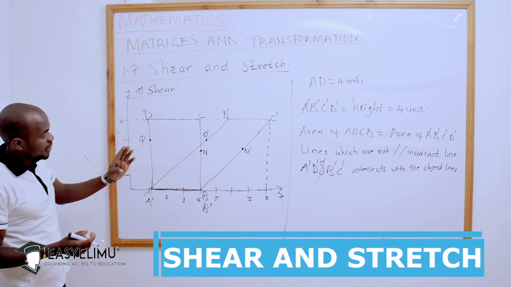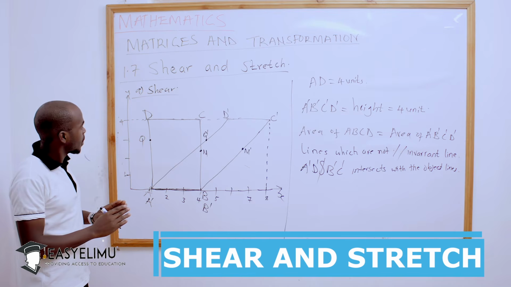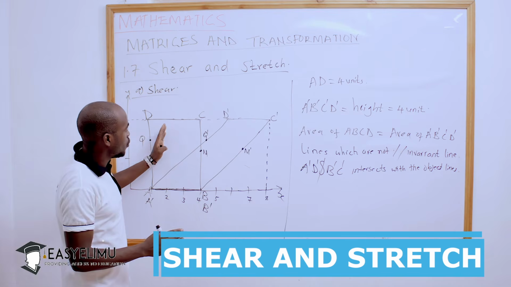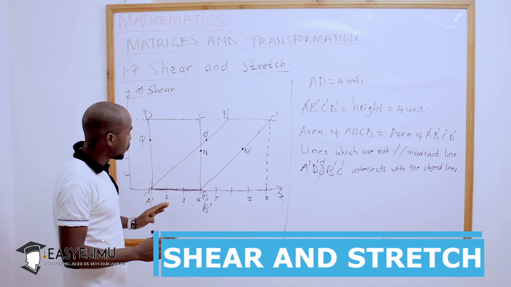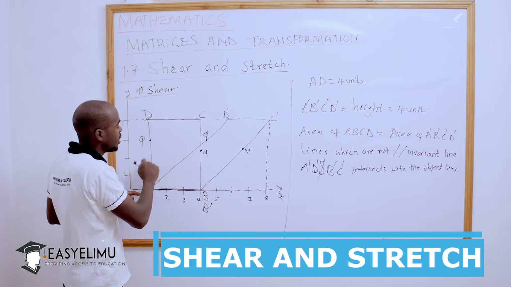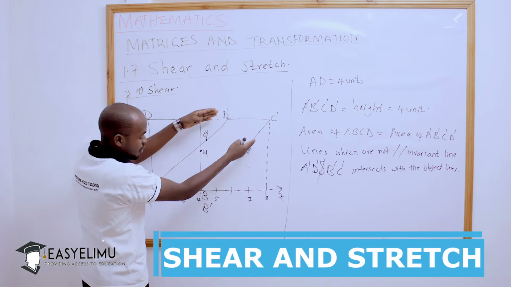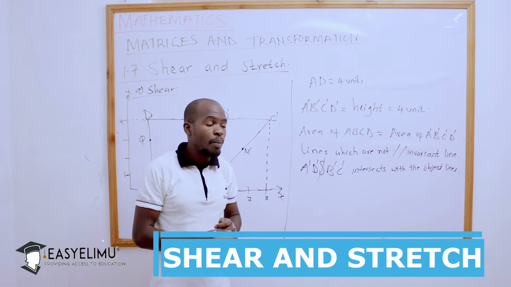Therefore, since the invariant line doesn't vary, and the areas of the image and the object are the same, a matrix which maps the object ABCD to A prime, B prime, C prime, D prime is what we call a shear matrix.